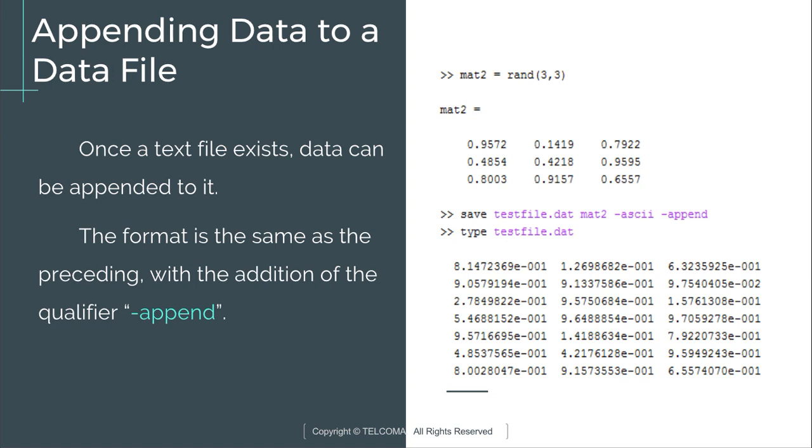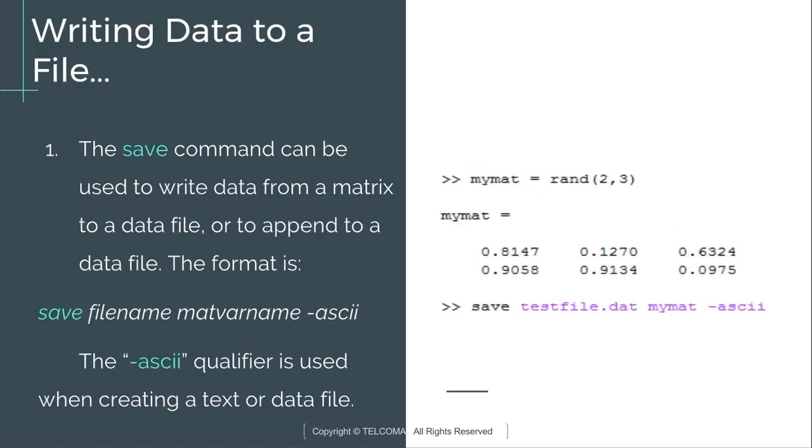Next is appending data to a data file. Once a text file exists, data can be appended to it. The format is the same as the preceding with the addition of the qualifier append. When we write a file, as I have shown here, we are using the format save space file name space MATLAB variable name space dash ASCII.